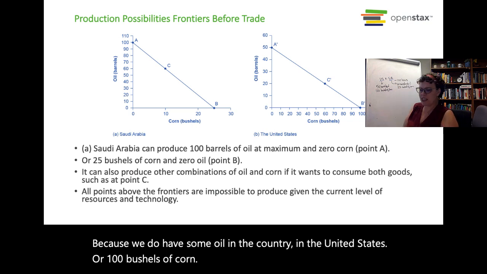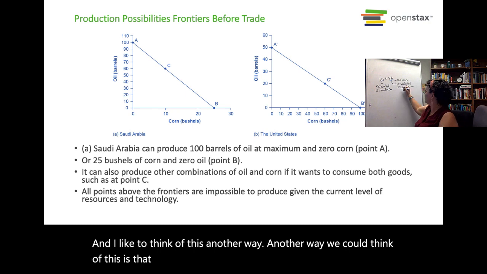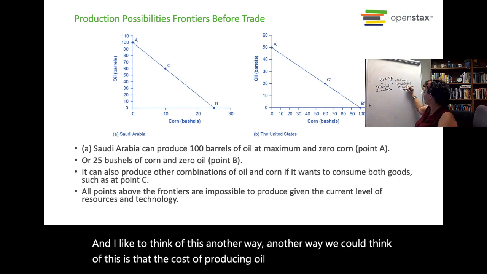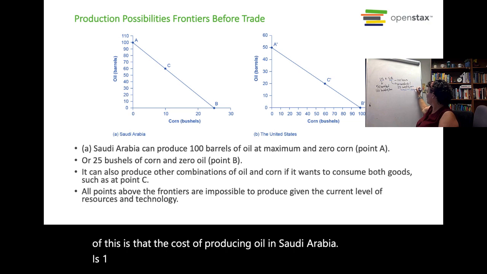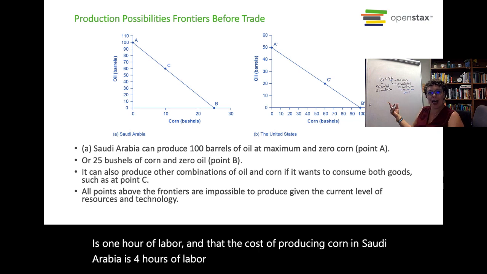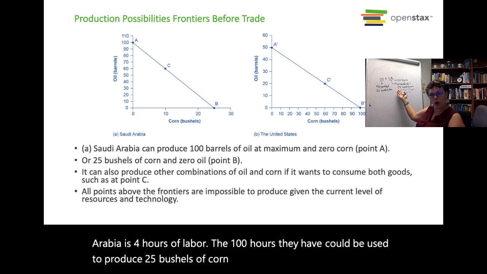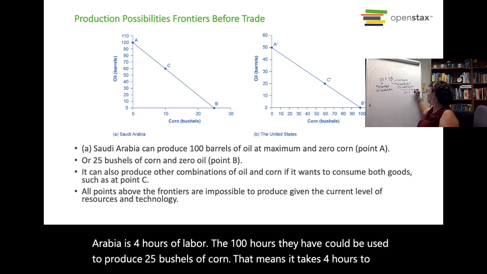And I like to think of this another way. Another way we could think of this is that the cost of producing oil in Saudi Arabia is 1 hour of labor, and the cost of producing corn in Saudi Arabia is 4 hours of labor. The 100 hours they have could be used to produce 25 bushels of corn, which means it takes 4 hours to produce each of those 25 bushels.